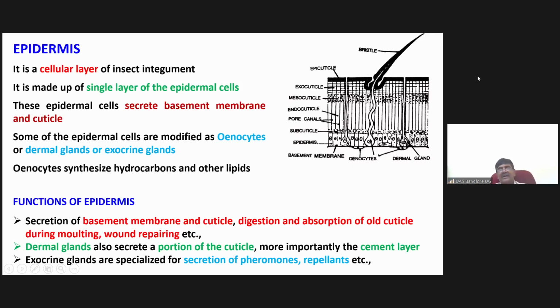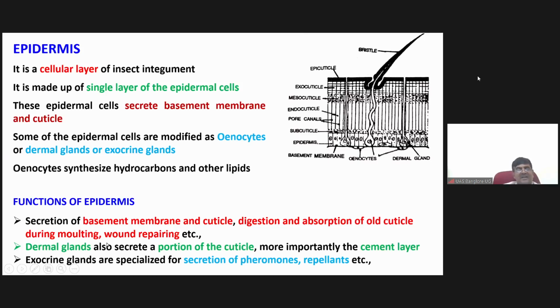And I told you that in the epidermis you have dermal glands. These dermal glands secrete a portion of cuticle, especially one layer called cement.